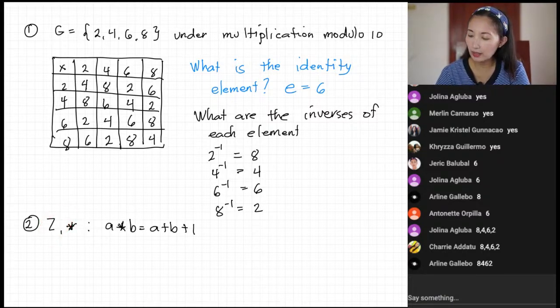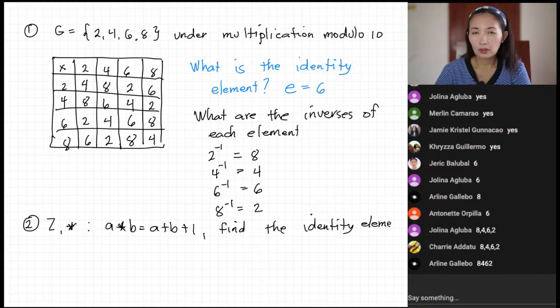The question asks for the identity element. Okay, find the identity element.